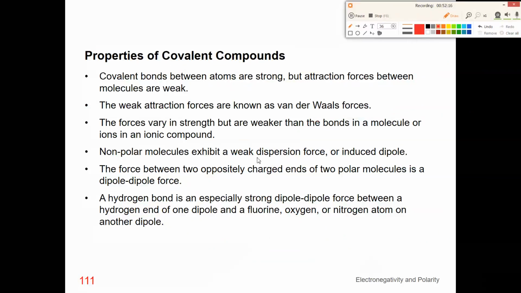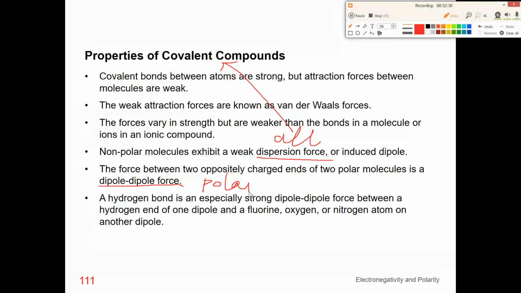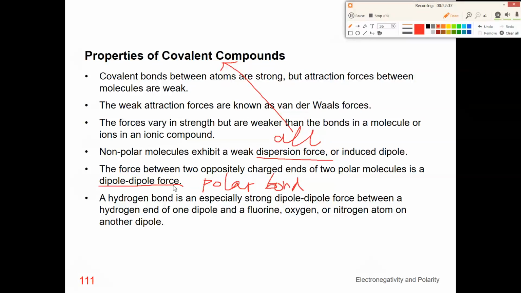So dispersion force exists in all covalent compounds. And dipole force exists in polar molecules, if there's a polar bond. Don't forget, dispersion force exists in all covalent compounds. Dipole force exists with a polar bond.